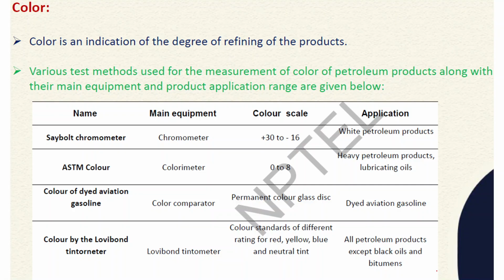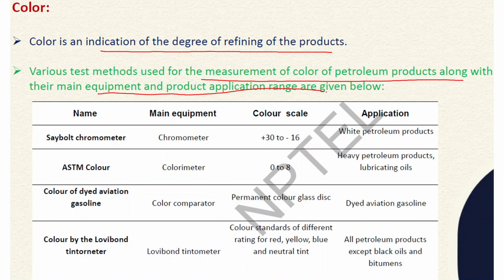Coming on to another property, which is color, it is an indication of the degree of refining of the product. Crude oil is of different colors. Lighter cuts are mainly transparent or yellowish in color, and heavier cuts have some amount of deep coloration. Various test methods are used for the measurement of colors of petroleum products, along with the main equipment and proper product application.